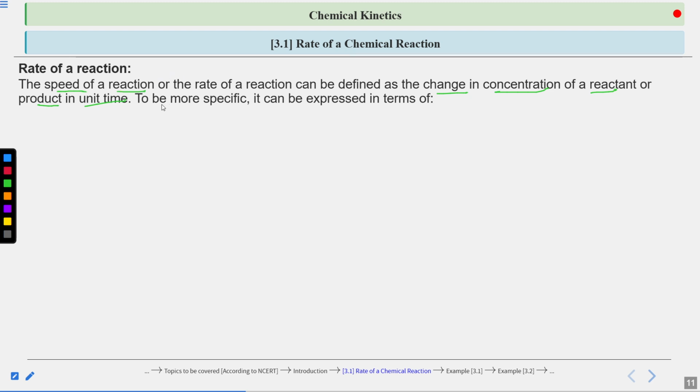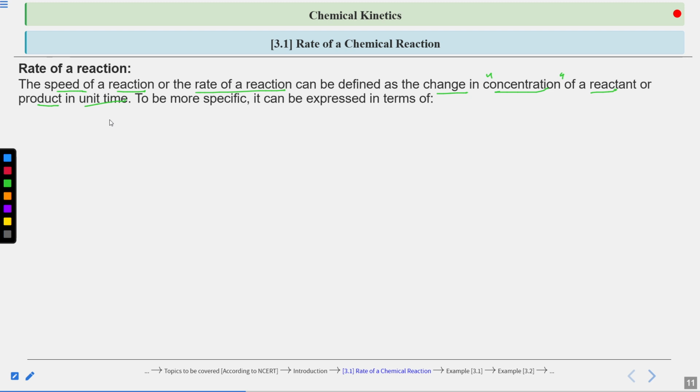How can you tell that to someone? Speed of reaction and rate of reaction are the same. So if you want to know the rate of reaction, you can define it as the change in the concentration of the reactant or the product in unit time.